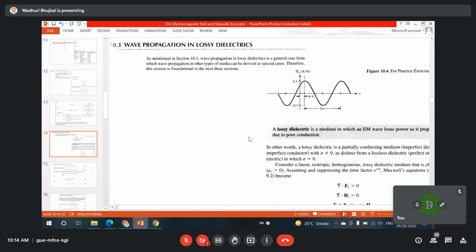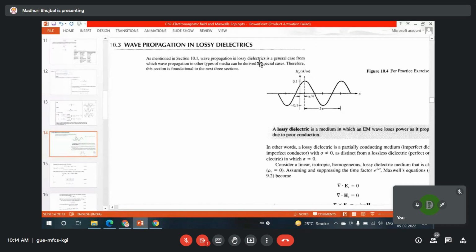तो यहाँ पे ये जो टाइटल है, that is wave propagation in lossy dielectrics.